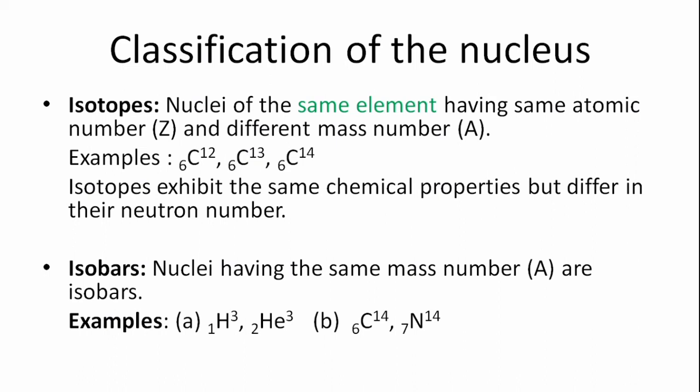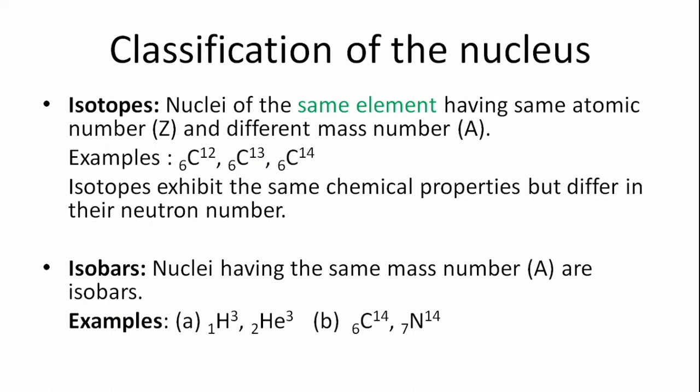Examples of isotopes are carbon-12, carbon-13, carbon-14, where carbon-12 has atomic number 6 and mass number 12, and C-13 again has atomic number 6 but mass number 13, and C-14 has atomic number 6 and mass number 14.